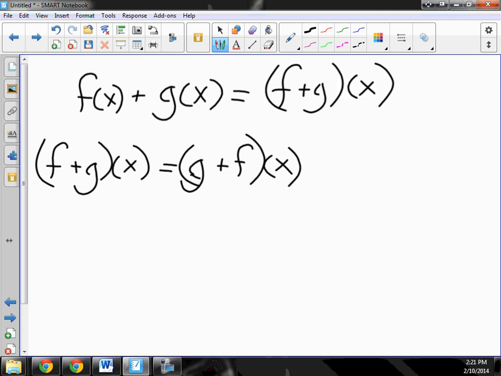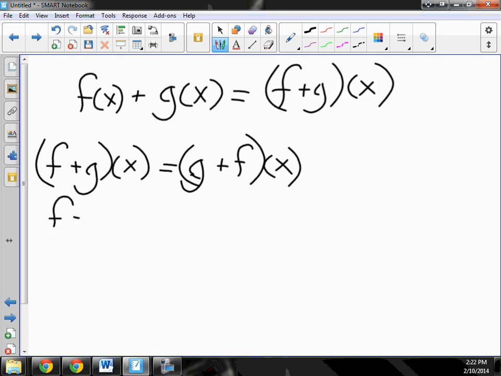Numbers are commutative. They're not part of a commune. They commute, they move. So f is just made up of numbers, g is just made up of numbers. If you take numbers and add them to other numbers, it doesn't matter what order you add them in.